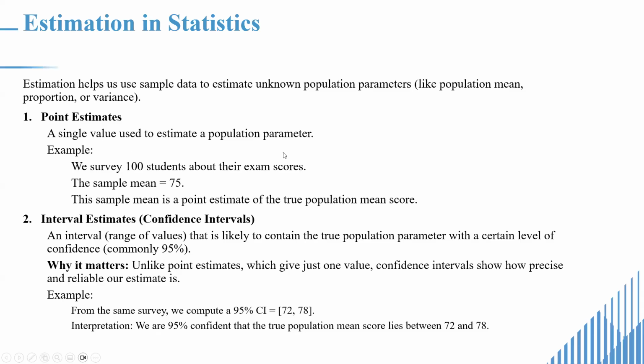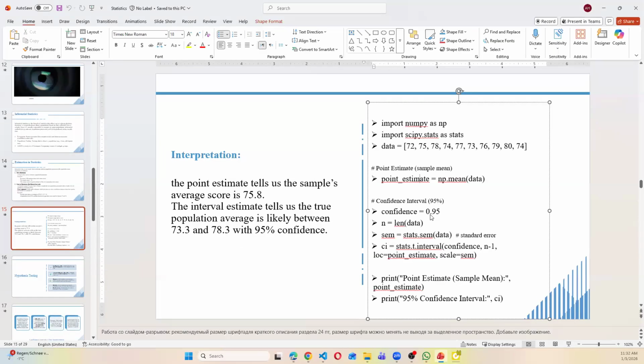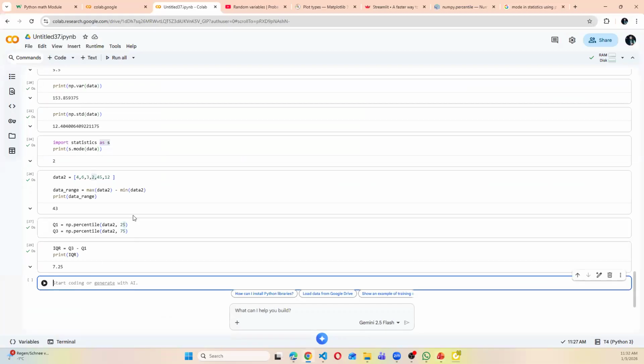So the interpretation is like this. I have code here, so let's run this code and see how it works. I should just copy paste, maybe it should work for me. Let's hope for the best. Okay.